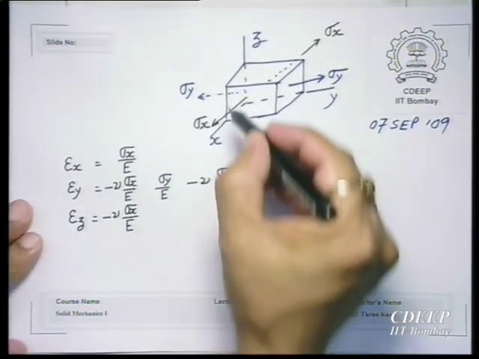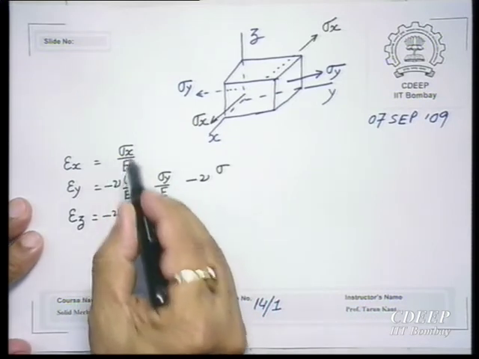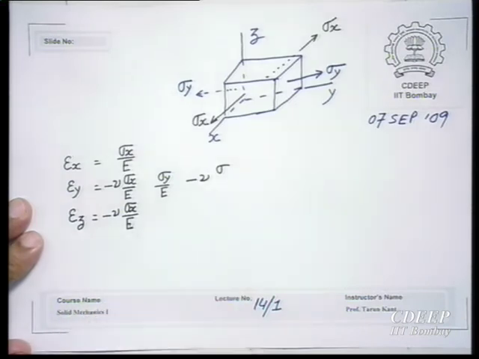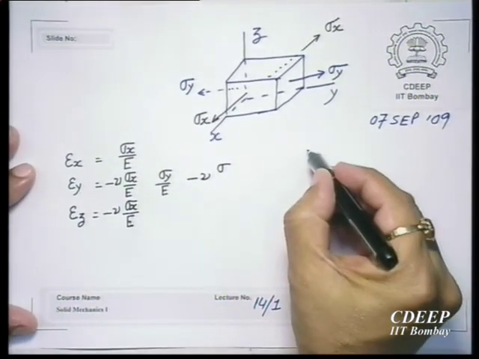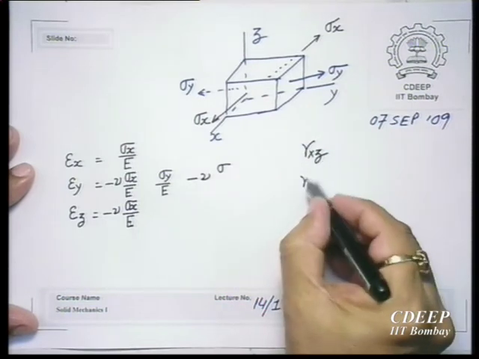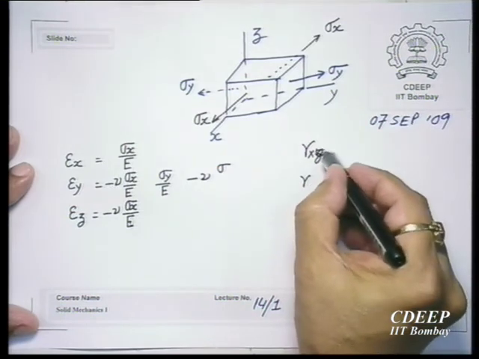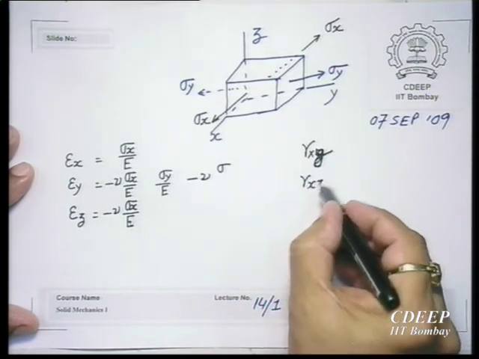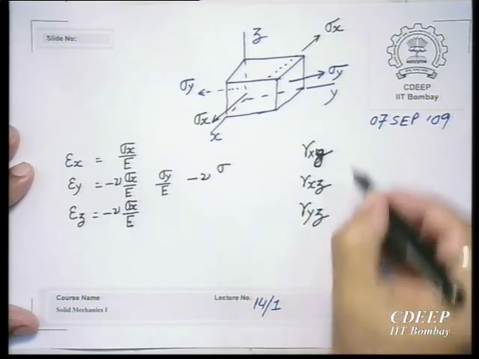You have applied a positive stress sigma x. So, because of that, there is a positive strain in x direction, negative strain in y direction, and negative strain in z direction. But what about the shear strains? I will write shear strain over here, change in angle between xy, then you take between xz, and then you take between y and z.